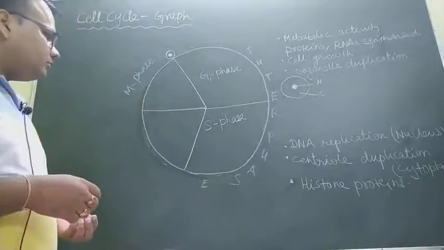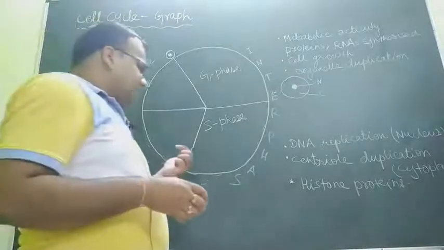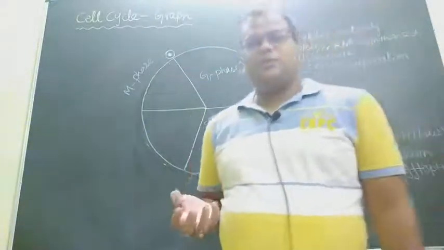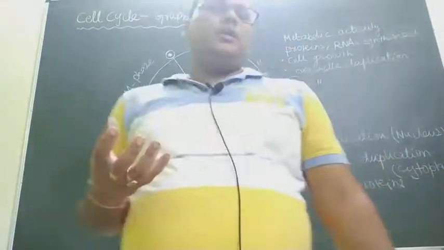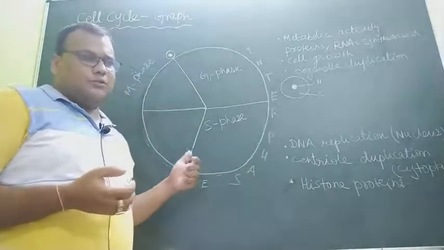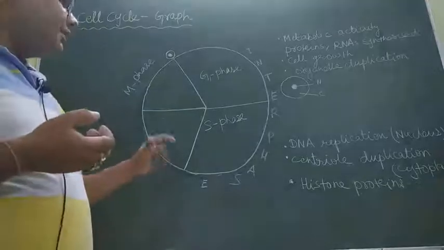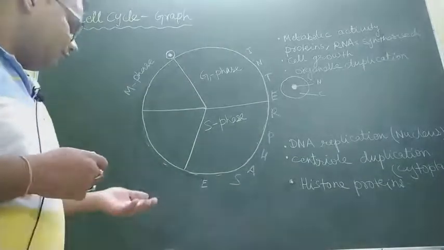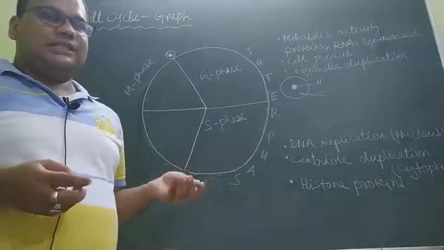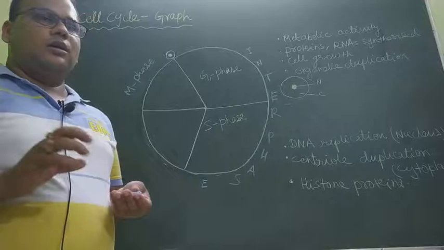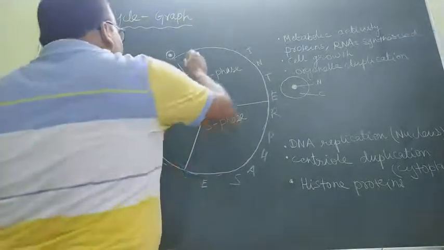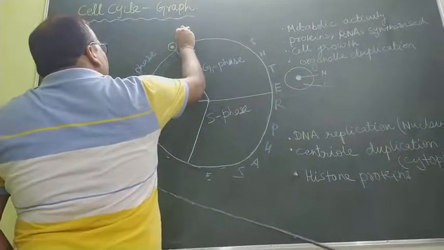Now let us represent the chromosome structure, how it looks in G1 phase and how its morphology changes after it is replicated. Before synthesis phase or DNA replication, all the chromosomes present in any cell are in the form of a single chromatid.